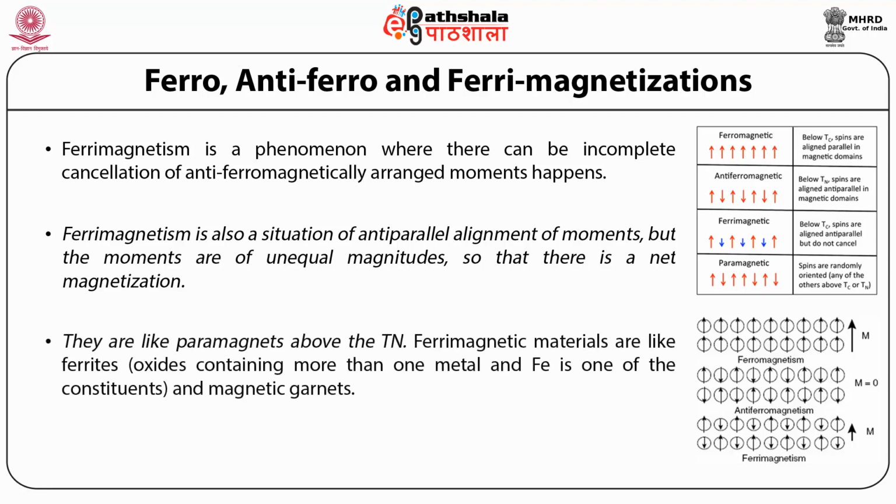They are like paramagnets above TN. Ferrimagnetic materials are like ferrites, oxides containing more than one metal, where iron is one of the constituents, and magnetic garnets.